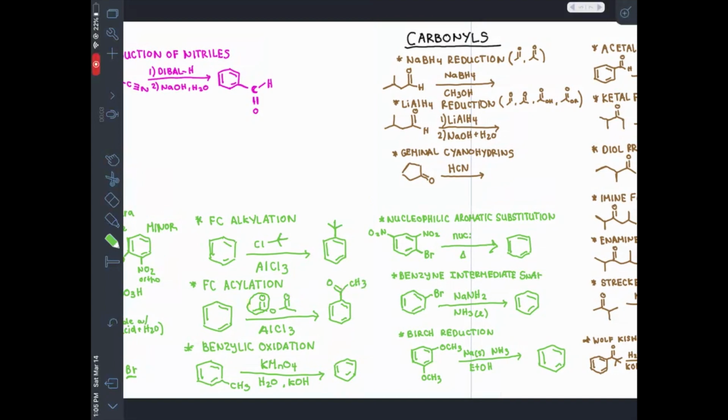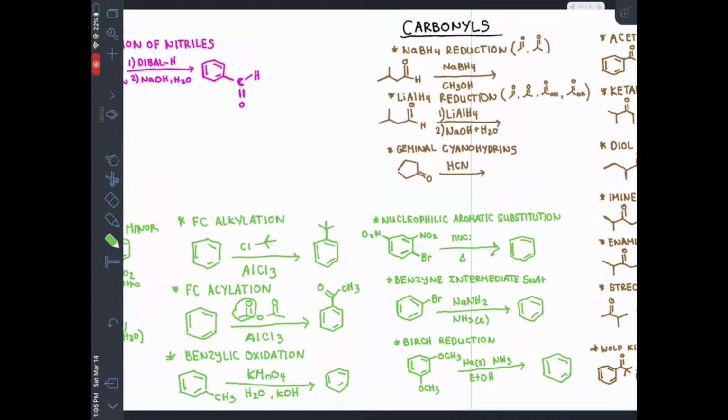Okay, next we have benzylic oxidation. Okay, and so in benzylic oxidation, we're going to take KMnO4, H2O, and KOH, or you can do the same reagents as Jones oxidation, which is, if you remember, K2Cr2O7.